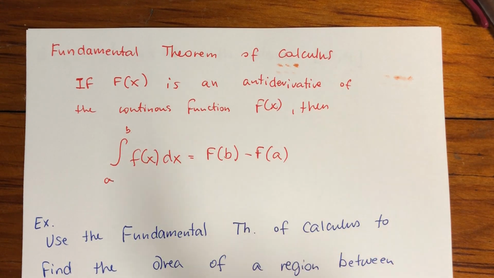Okay, you will see in a second when we look at the example, it is going to be clear. Again, fundamental theorem of calculus. In calculus class, you will be using it all the time.